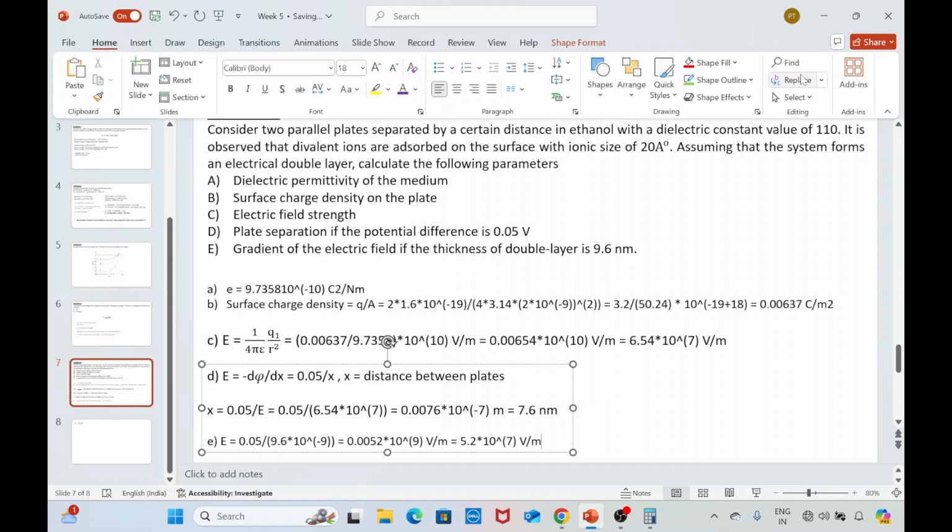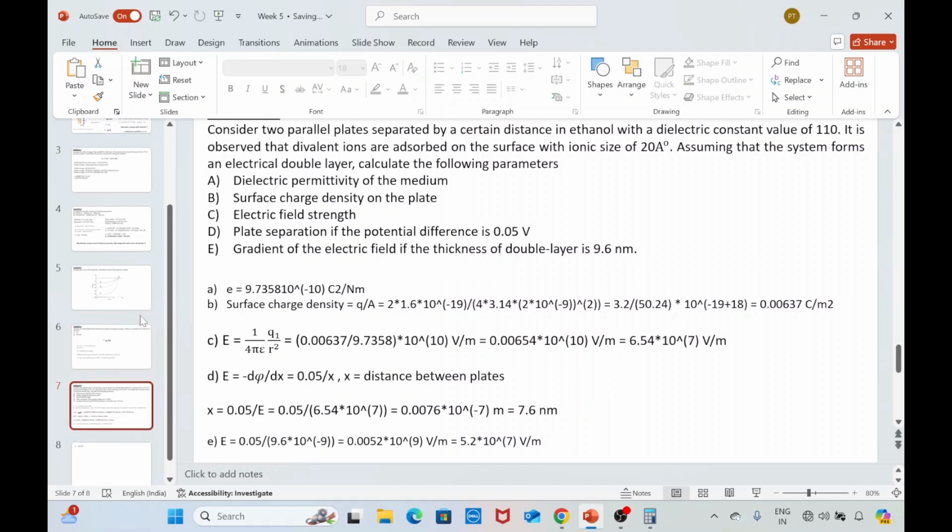So this is the expression for the electric field if the thickness of the double layer is 9.6 nanometers.